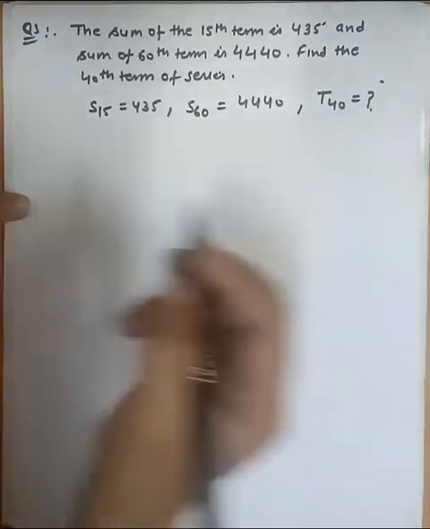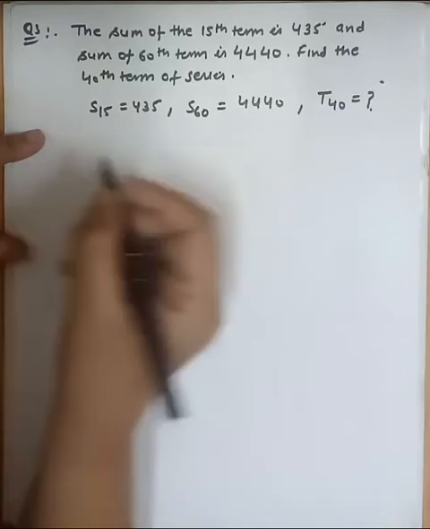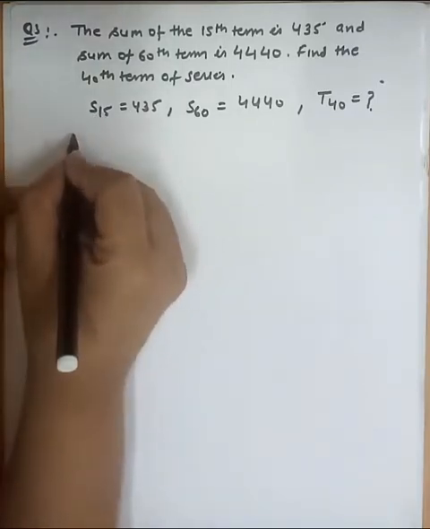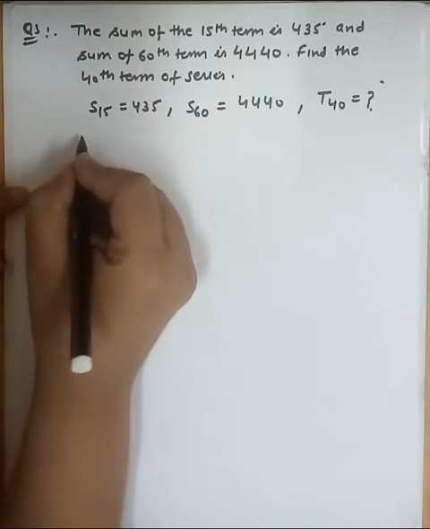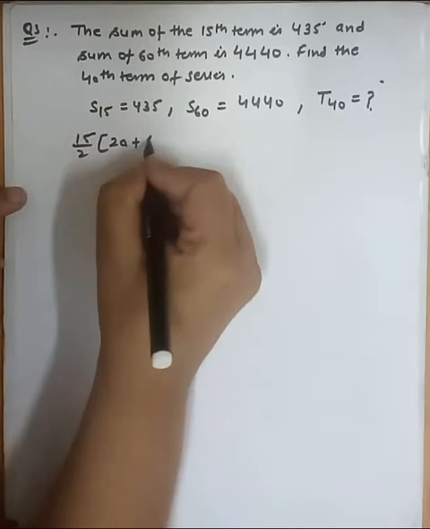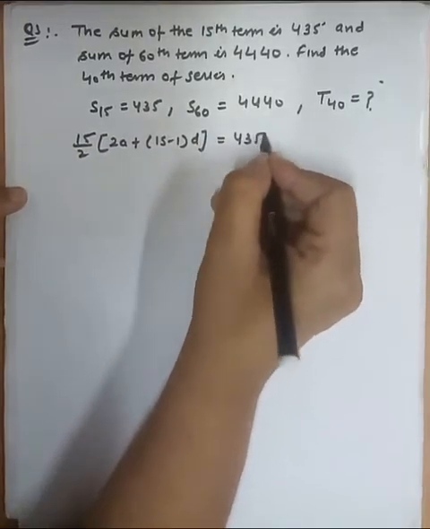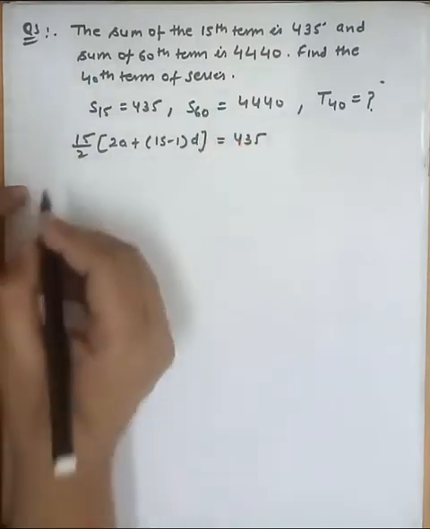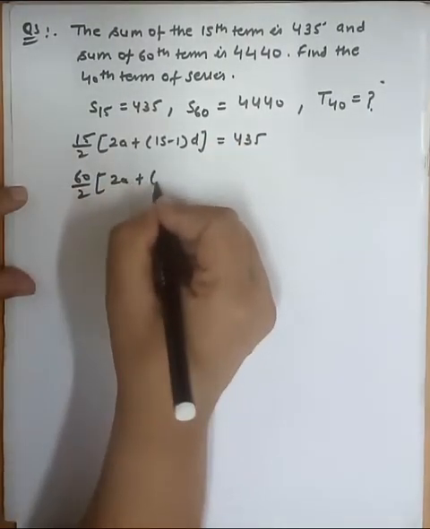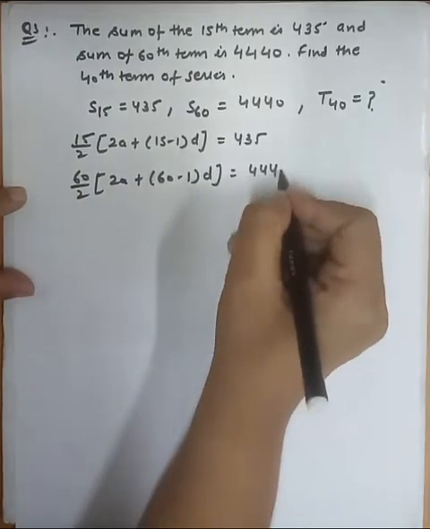So first we write down the formula for S15. The formula is n by 2, 2a plus n minus 1 d. It means 15 by 2, 2a plus 15 minus 1 d equal to 435, and write down the formula for 60. It means 60 by 2, 2a plus 60 minus 1 d equal to 4440.